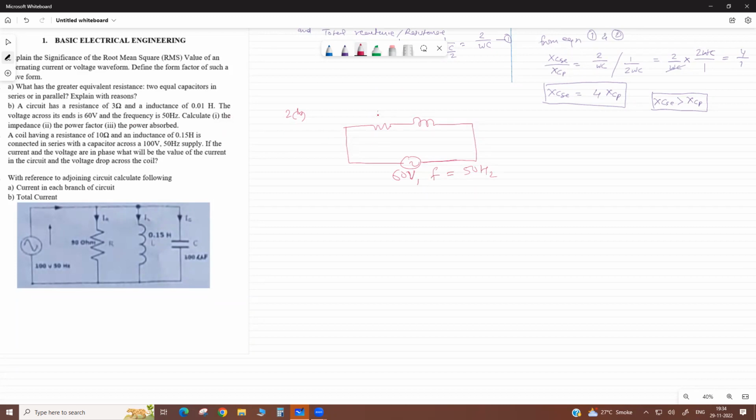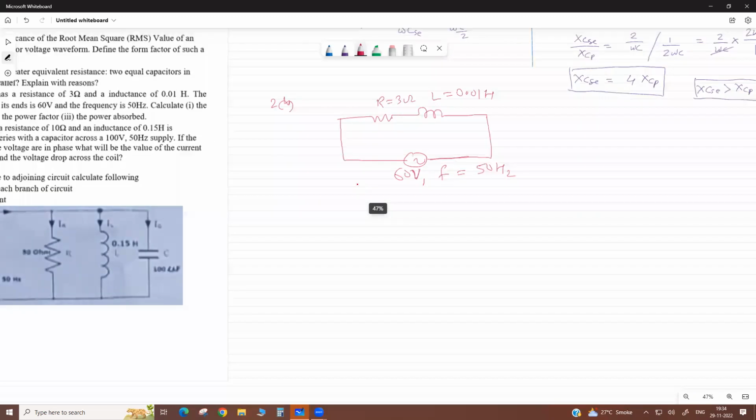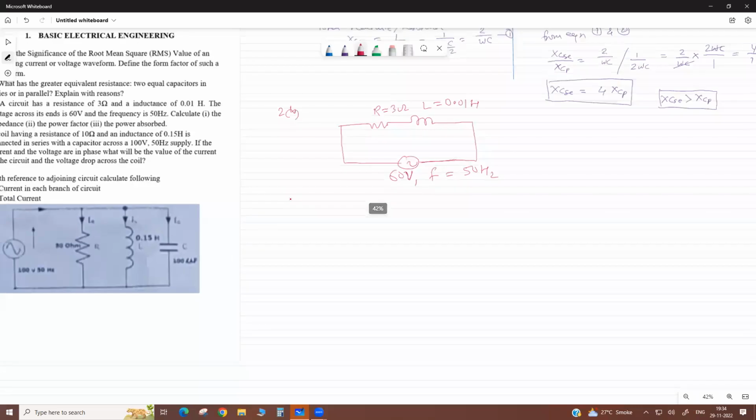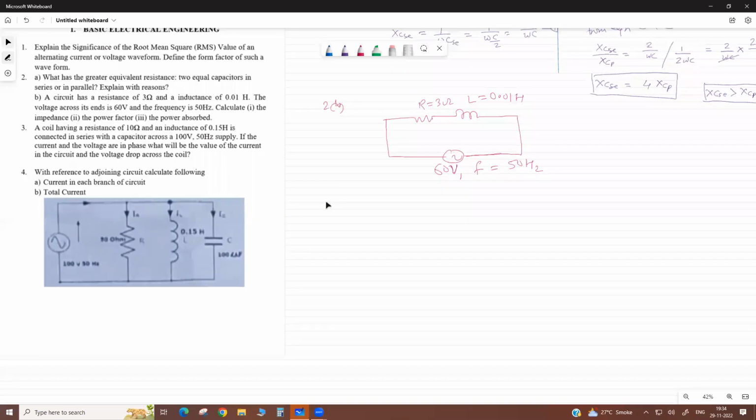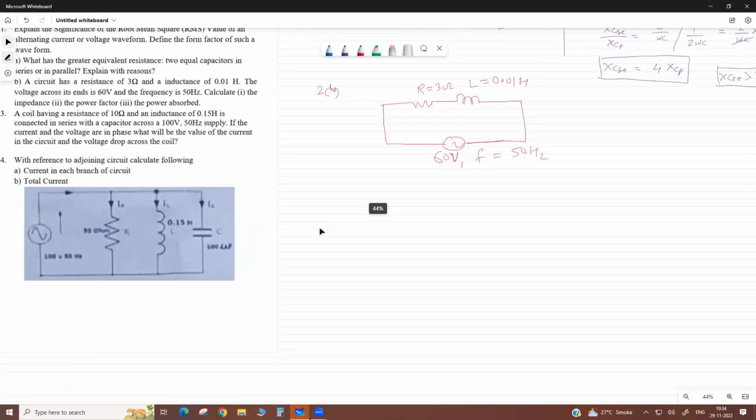Calculate, where L is 0.01 Henry and R is 3 ohm. He is asking for impedance, power factor, and power absorbed.